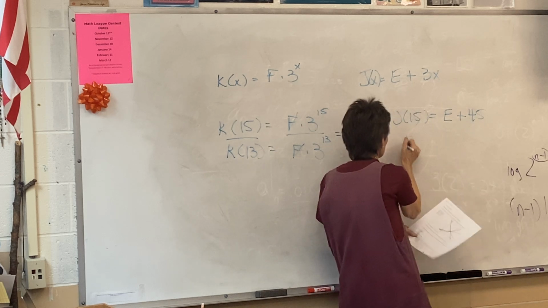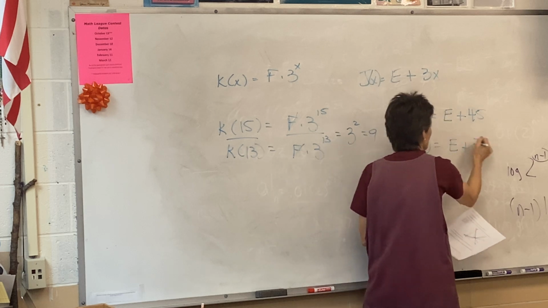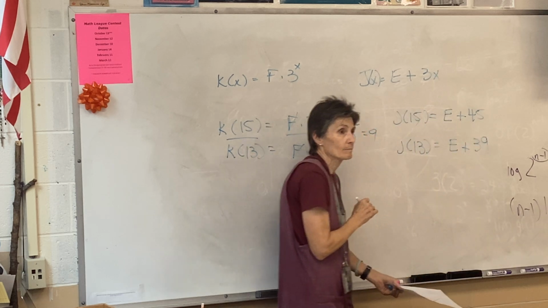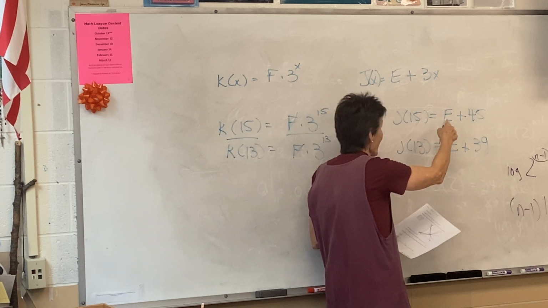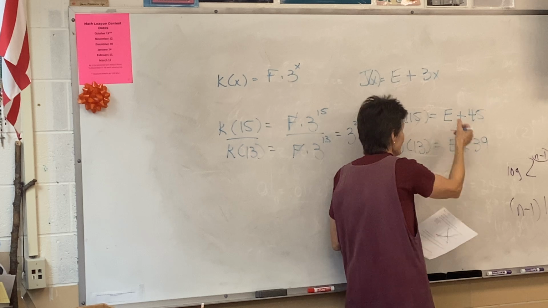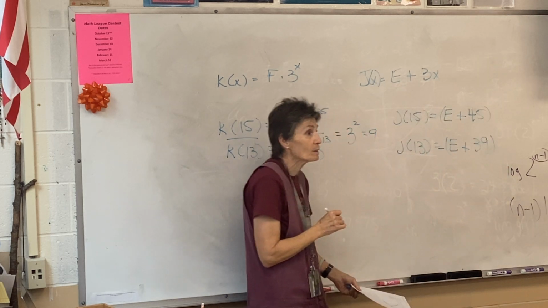And then we want to know J of 13, which would be E plus 39. So what happens when we subtract this one minus this one? What are you going to end up with? 6.